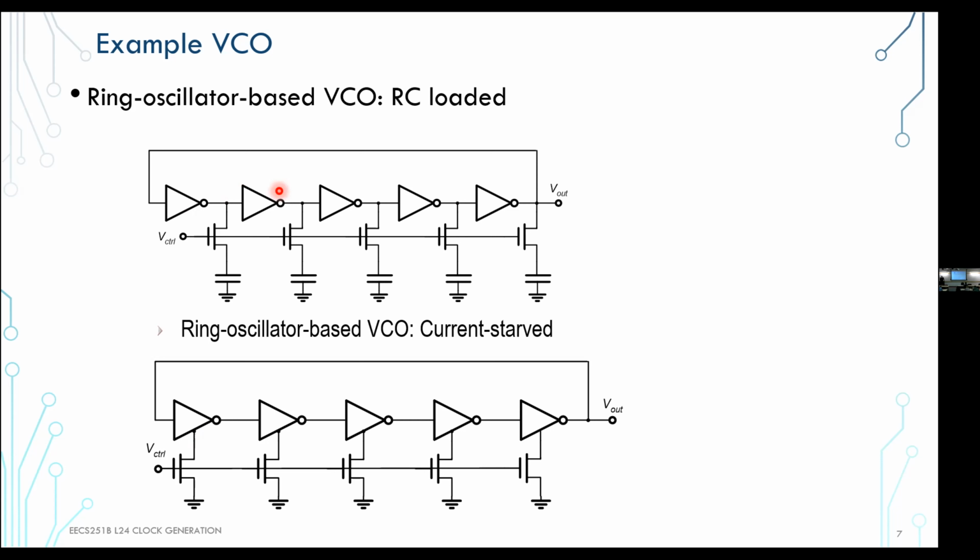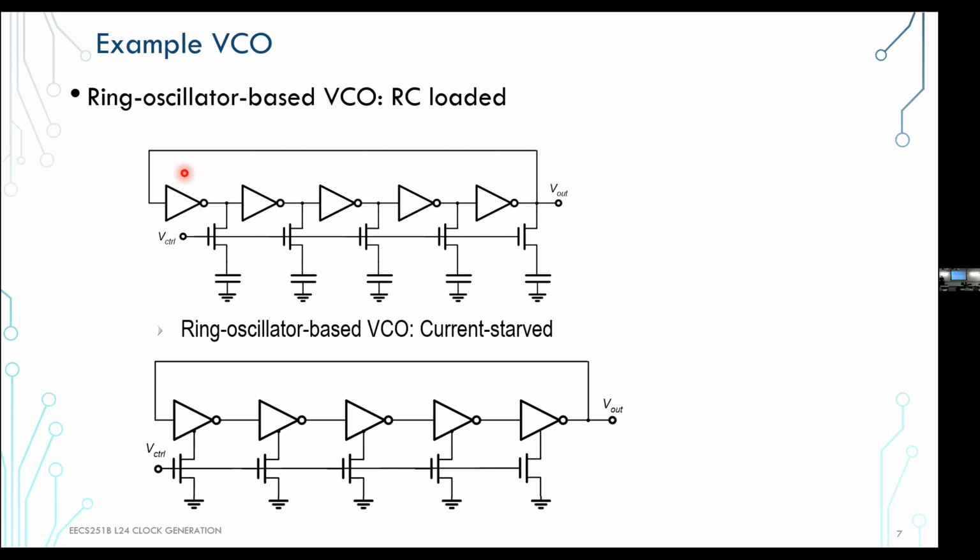If you want to improve on that noise, and we'll see where all the noise sources come from, in this oscillator, for example, you have the thermal noise of each stage, right? Plus you have the supply noise on each stage.